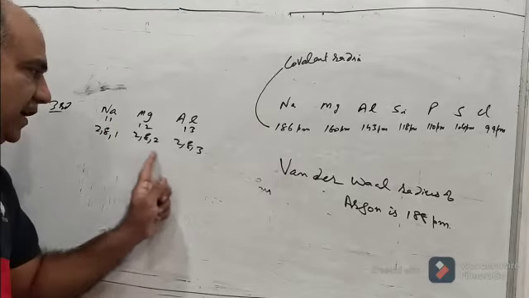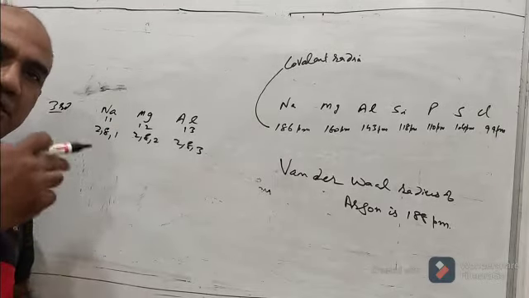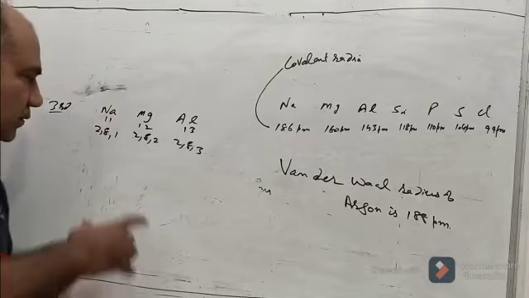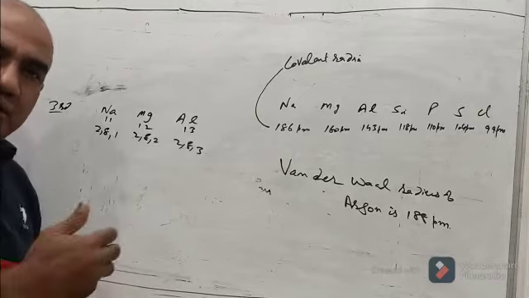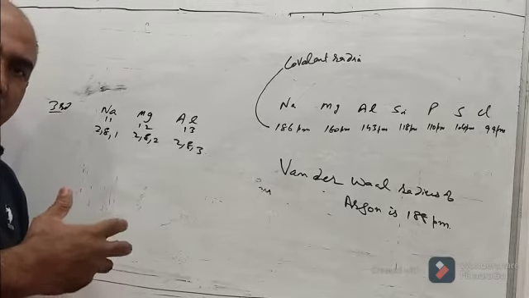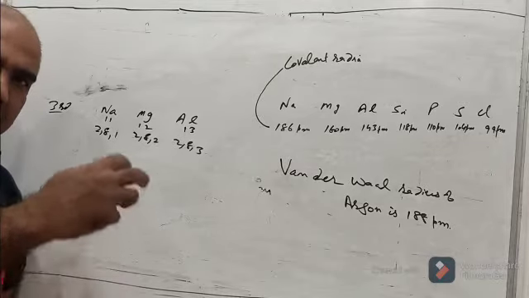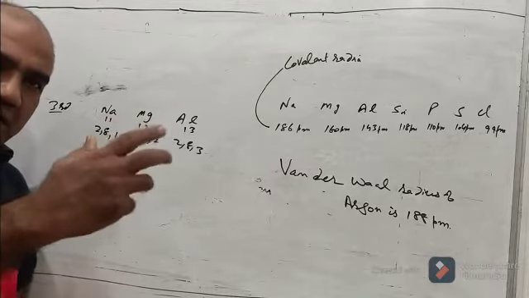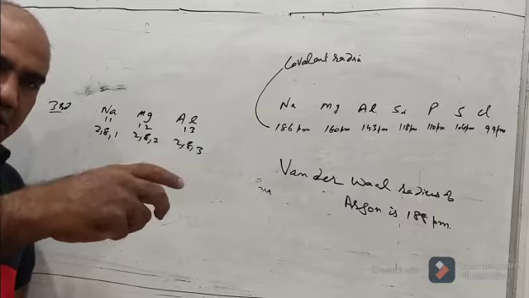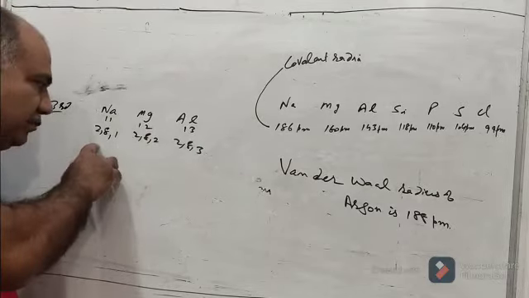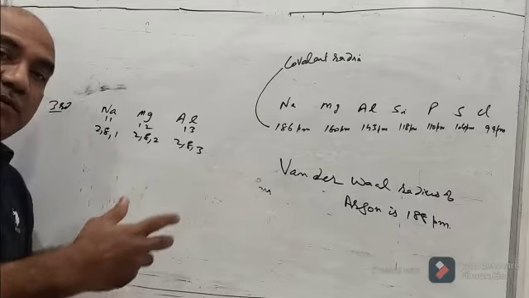When we move from left to right, the atomic number will consecutively increase, which means the number of protons in the nucleus will increase. Also the number of electrons will increase. At every consecutive step when we move left to right, the number of protons is increasing.